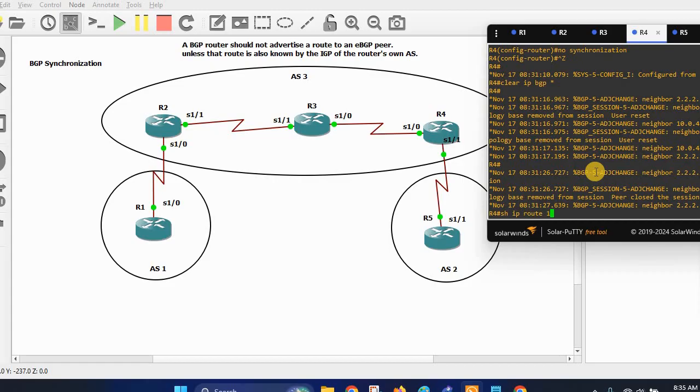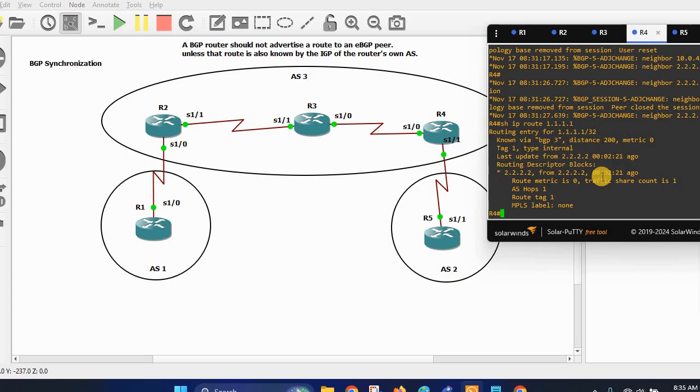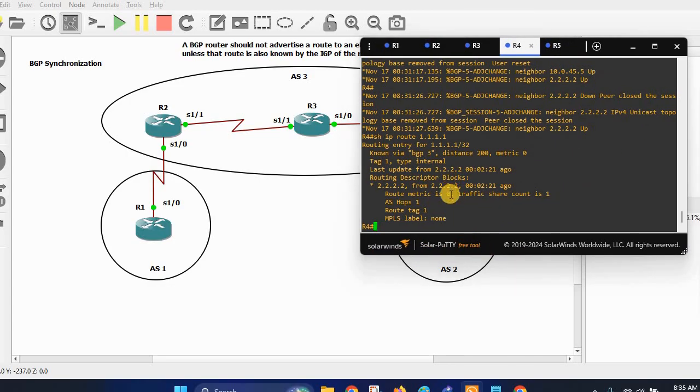If you see the R4 routing table, show IP route, 10.0, 1.1.1.1. If you see here, it will be going via 2.2.2.